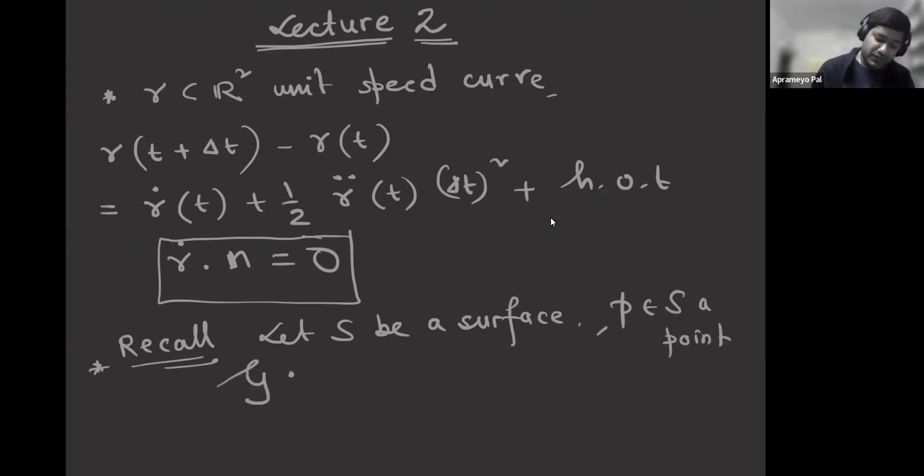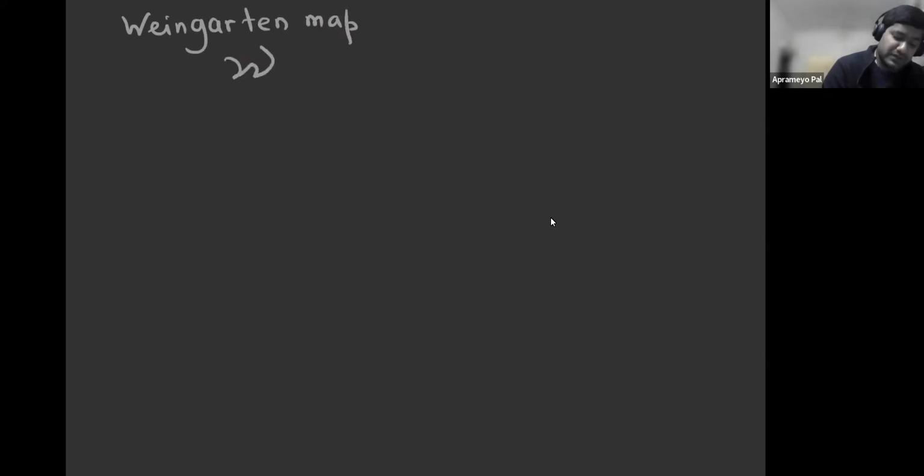Then we have constructed a map, the Gauss map, from S to S2, sending P to the unit normal at P. After this, we have also defined a Weingarten map W_P at S as minus d_P g. This was a map from the tangent plane at P of S to T_P S.